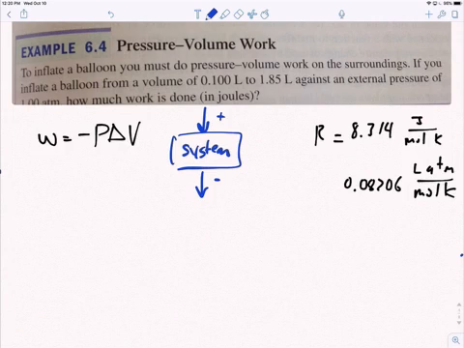So for the balloon, the balloon is expanding. So as the balloon is expanding, it's pushing on the surroundings. So the balloon is doing work on the surroundings. If you call me the system, I'm blowing up the balloon, I'm putting work into the balloon. So in that case, my work is negative and then the balloon is positive.